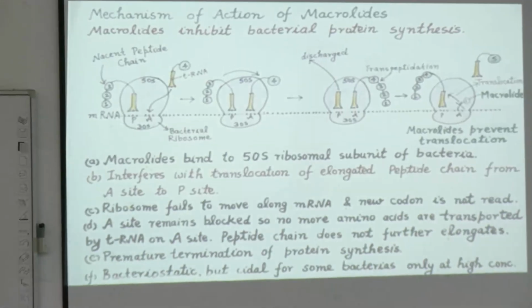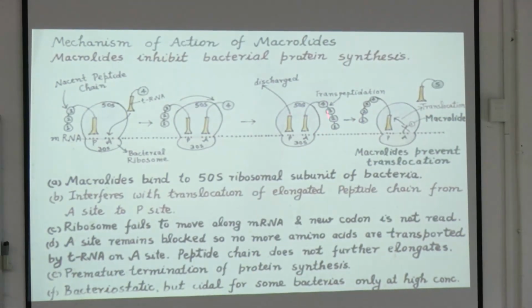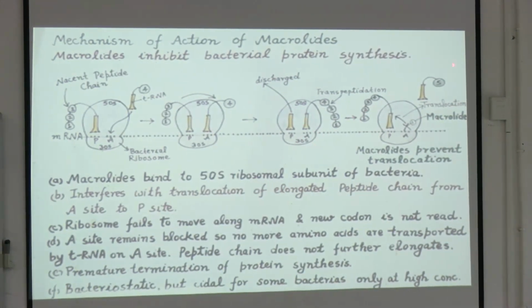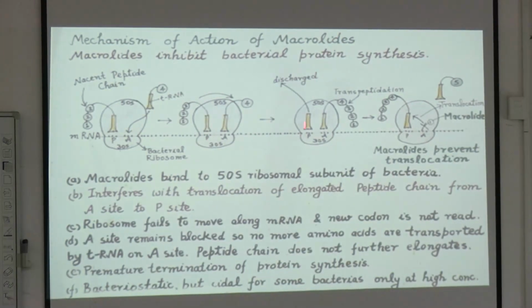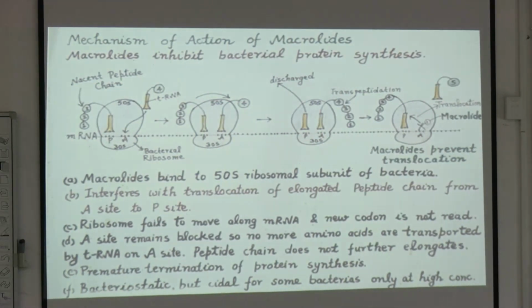This peptide chain moves from the A site to the P site, and it blocks this translocation. It comes and binds here and blocks this translocation, okay? And because translocation is blocked, the A site is occupied, so another tRNA cannot come to this A site, so the process of reading amino acids is stopped, okay? And thus protein synthesis is blocked.